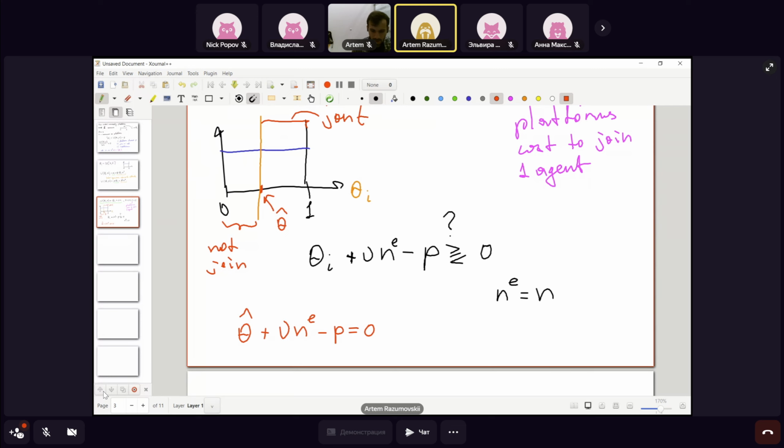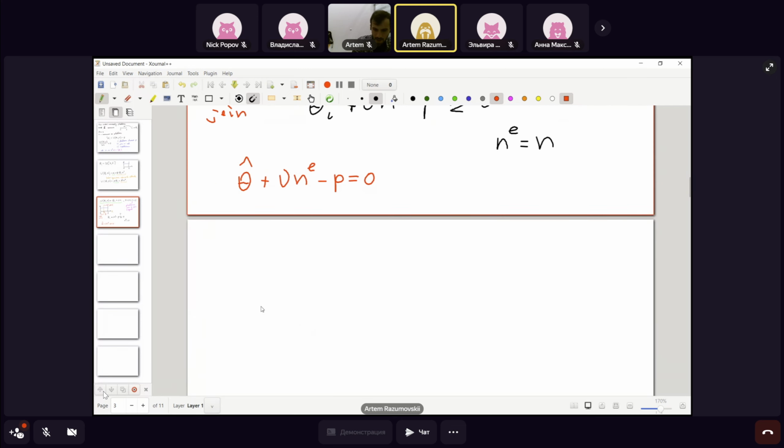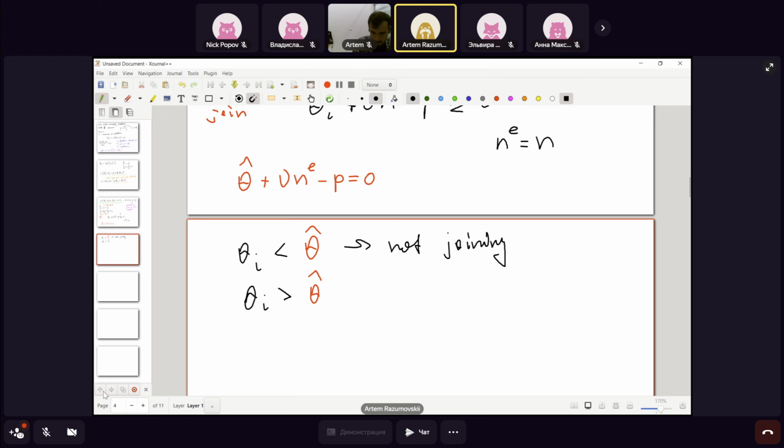Then we know that if an agent has theta lower than theta hat, this agent does not join, and if an agent has theta greater than theta hat, then they join.